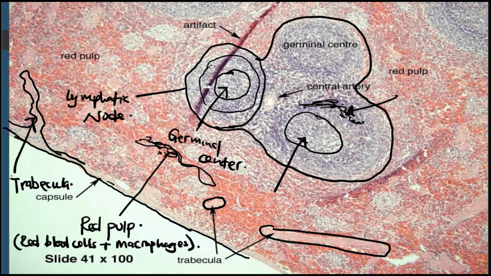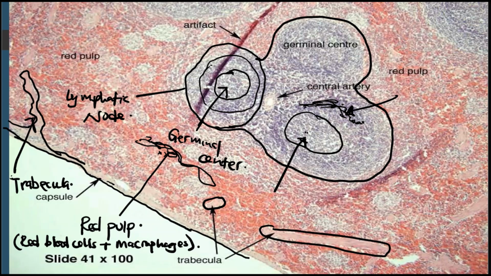Because they're actively dividing, their DNA in their nucleus is condensed, in chromatin phase. So that's why they do not retain a lot of stain here. So this part has dividing lymphocytes, and the peripheral part has non-dividing lymphocytes. This is what we call the white pulp.